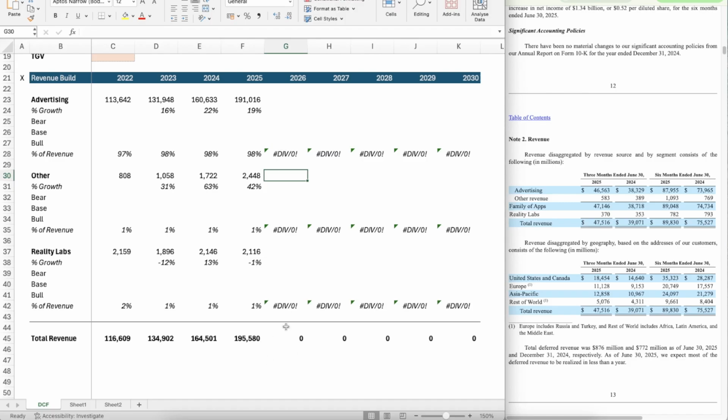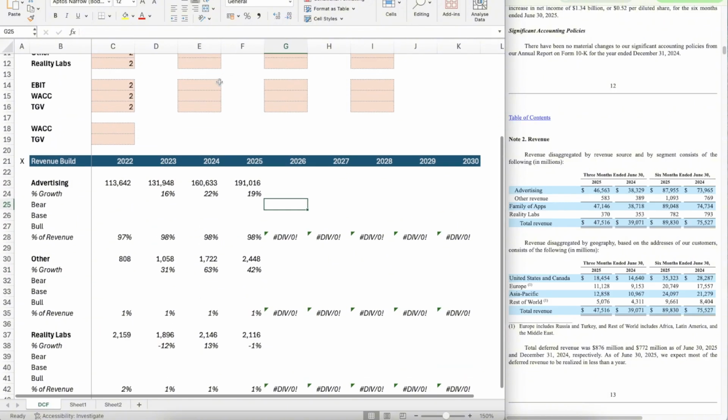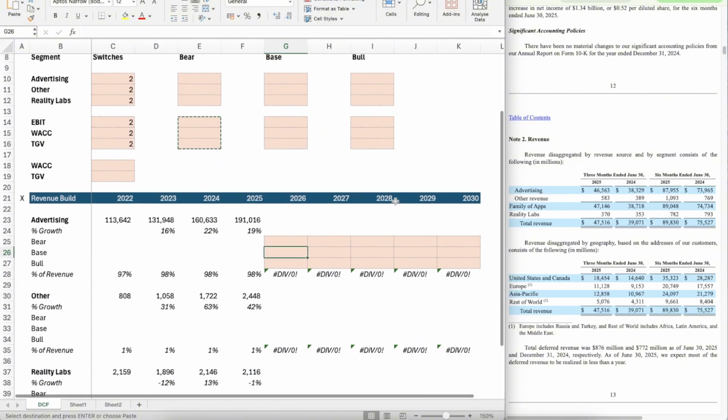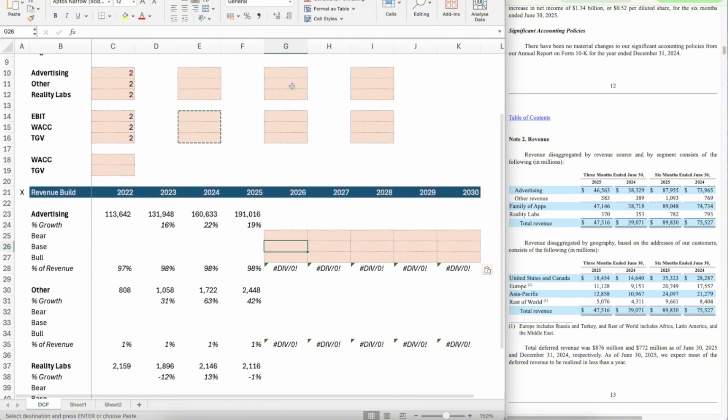Wow, so we projected to do 196 billion this year. Just copy these boxes. Okay, so this final year, let's say it trends to, I think it can still be going at 15% a year. G10.